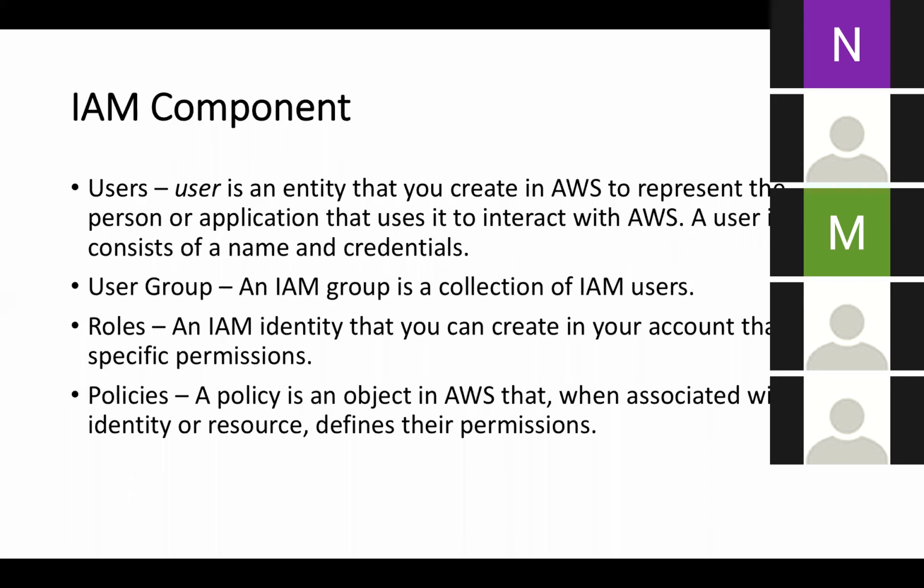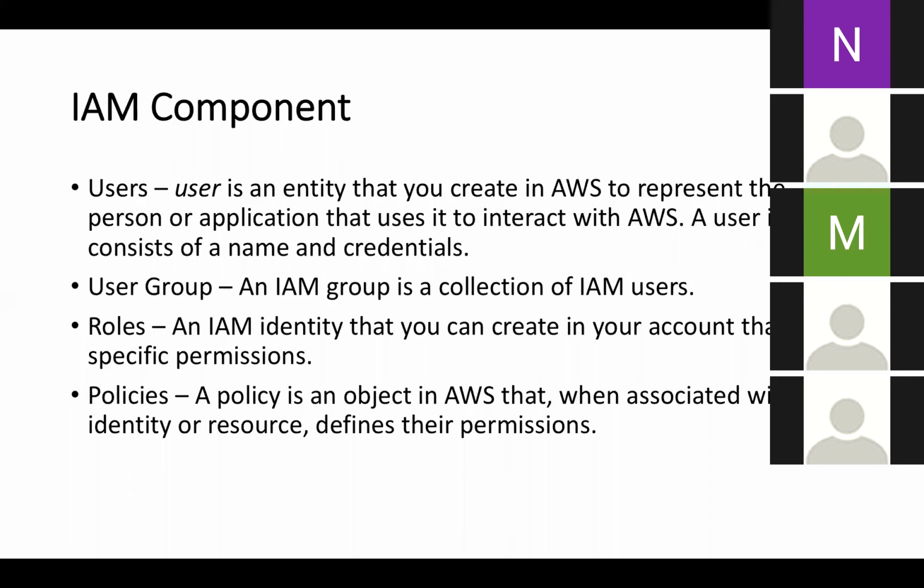What all things you are able to do, what all services you are able to access, usually everything is assigned to a specific role. What role you are able to perform, and within a role you're assigning policies.